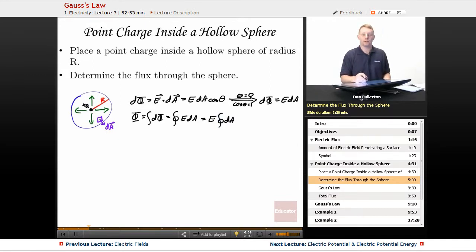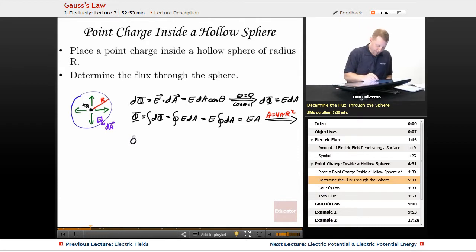But the integral over the closed surface of that differential of area as you go around the entire surface is just going to give you that entire area. So that becomes EA. And as you know, the area of a sphere is equal to 4 pi r squared. So we could write then that the total flux is going to be equal to E times 4 pi r squared.